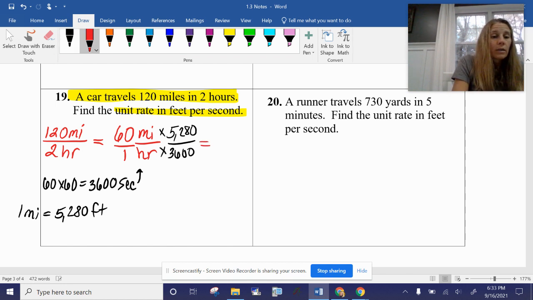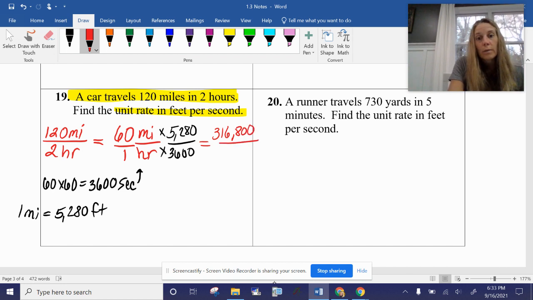So now this is going to give us a pretty large number, I think. All right, so let's just do this on the calculator, right? My calculator's not open, so I'm just going to do it on my handheld here. So we have 5280 times 60, which would give us 316,800.